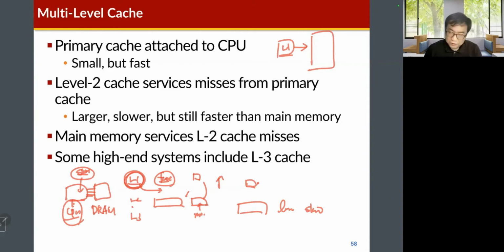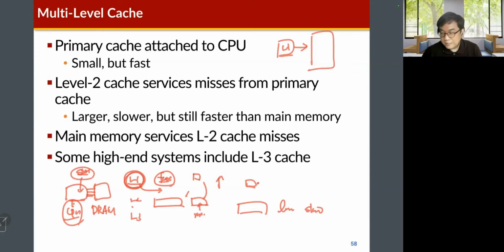Actually, in the previous class, we learned about the multi-level cache hierarchy. Like the memory hierarchy, cache also has multiple levels. In the level 1 cache, the processor provides a fast cache, but the size of the cache is small.